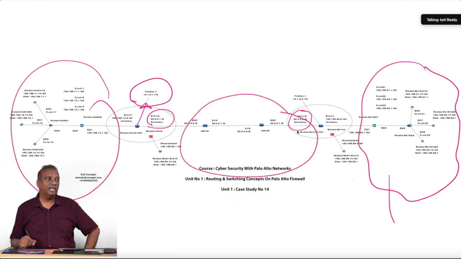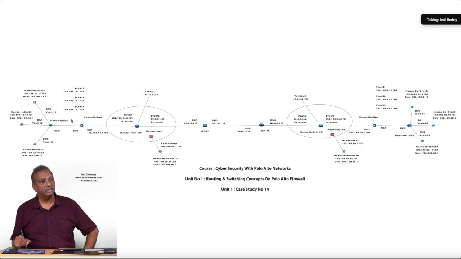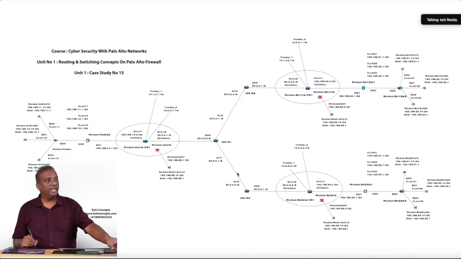We learn first of all about what is meant by GRE tunnels and then create site-to-site VPN using GRE tunnels. In that context, we create what? Tunnel interfaces on the firewall, right? We learn this with one head office and one branch office. Then we take one more case study where we have one head office and two different branch offices.